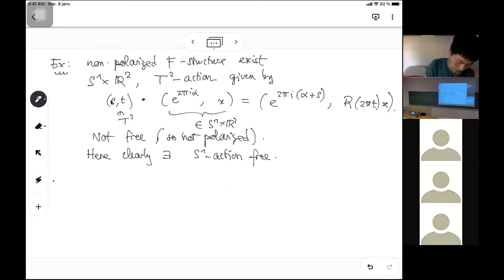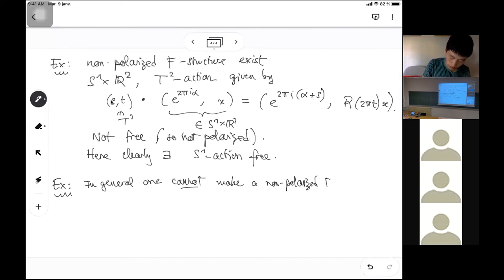So let me give you an example in dimension 4, and it's one of the main examples in this theory of F structures. So in general, one cannot make a non-polarized F structure polarized, meaning you cannot find a substructure that would suddenly be polarized.